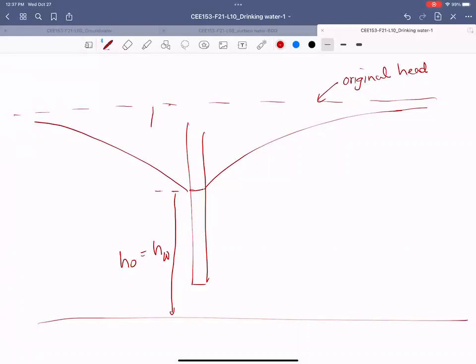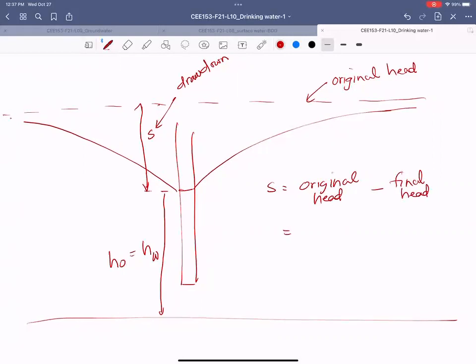So S is the original head before pumping minus the final head.